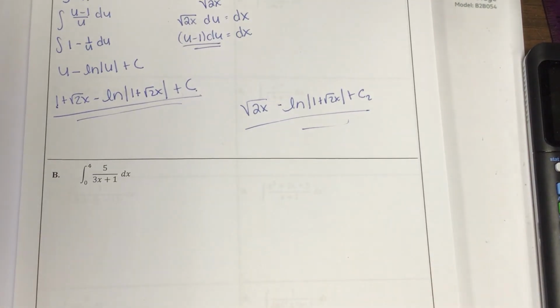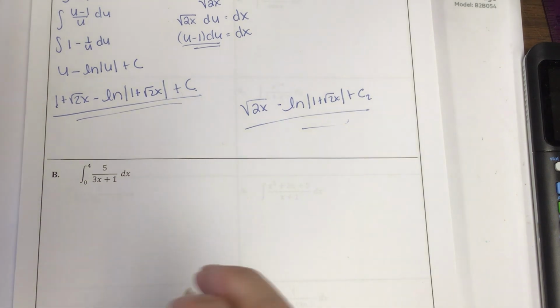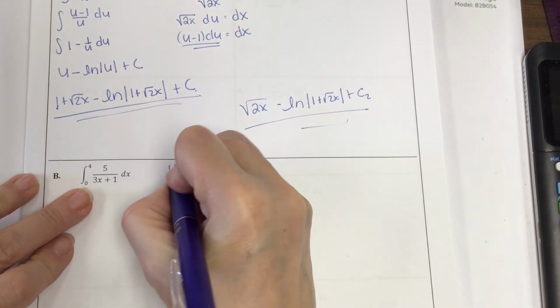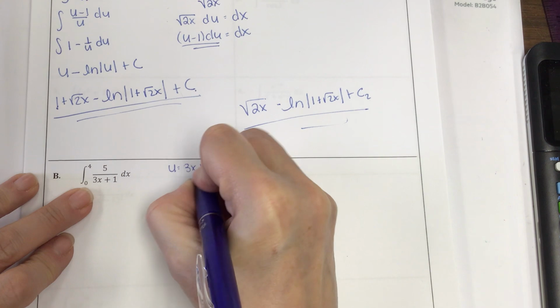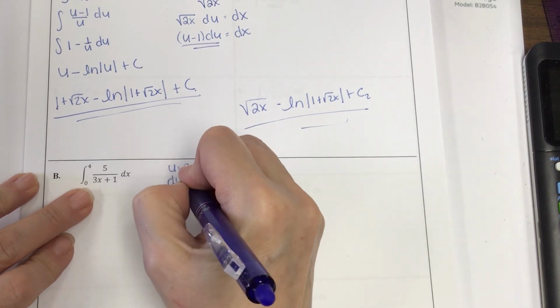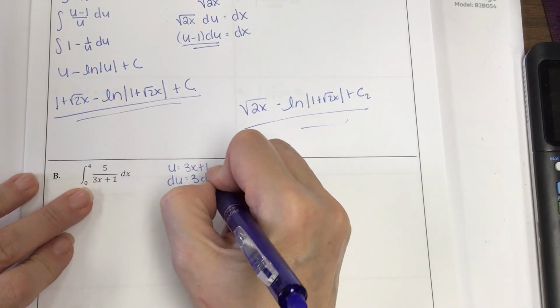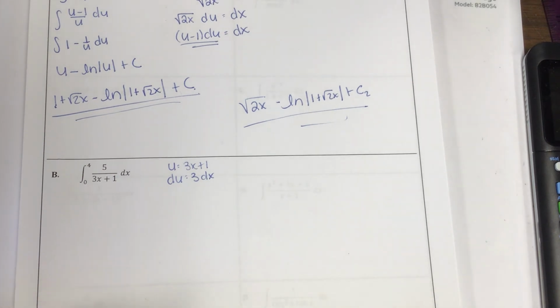Okay, let's look at it in terms of this. This one's, I think, a little bit easier, though. Because here, if I let u equal 3x plus 1, du is simply just 3 dx, right? And I know I can bring the 5 out in front because it's just a constant, isn't it?